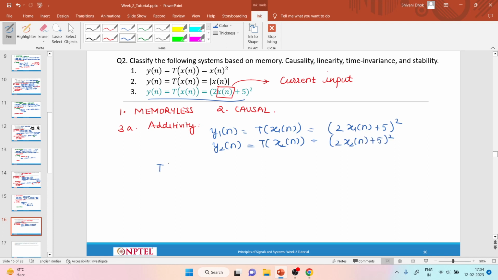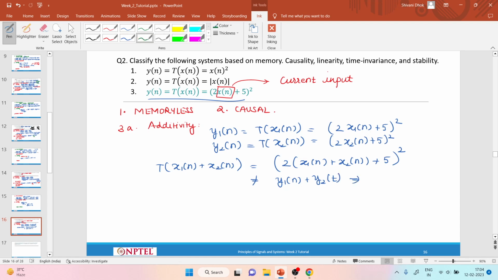So if I have the addition of these two inputs, that is x1 of n plus x2 of n, as my input, then I'll get 2 times x1 of n plus x2 of n plus 5 whole square. And if we simplify, this will not at all be equal to y1 of n plus y2 of n, which means that this system is not additive.